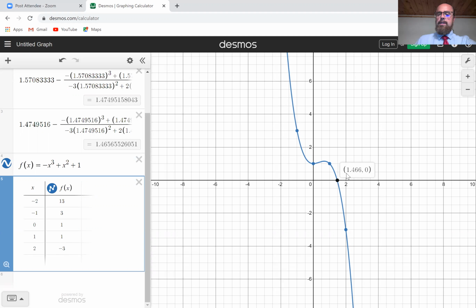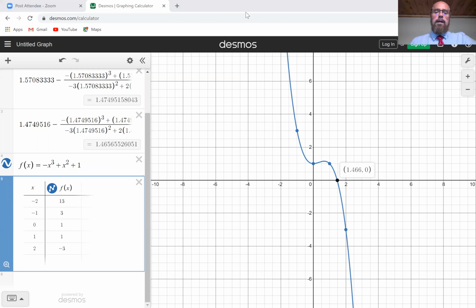And so what I'm seeing is the calculated approximation for that 0 is 1.466. And when I compare that with my third iteration, I see that if I rounded that to the nearest thousandth, they would be identical. So the method really does work as a way of narrowing down your guesses towards something that's very close to the actual irrational 0.